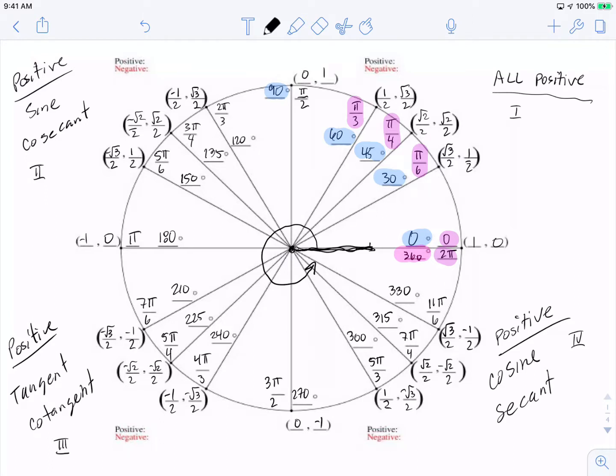There's a relationship with sine to y and cosine to x, and that is part of the reason why we get the signs we do. I'll go into greater detail as I do examples. This is going to be very useful and important for you to understand, so please look at it, and if you have any questions, please let me know.